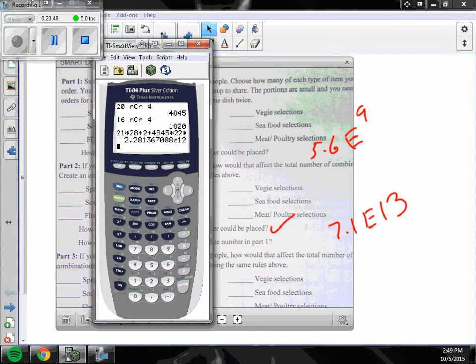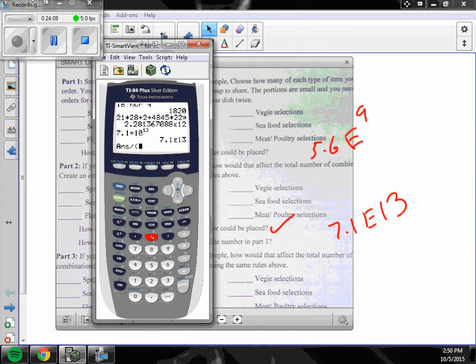So if I did 7.1 times 10 raised to the 13th, I recommend you just push enter at this point. And then you're dividing 5.6 e to the 9th. But you want all of that included in the division, so you're going to need parentheses.